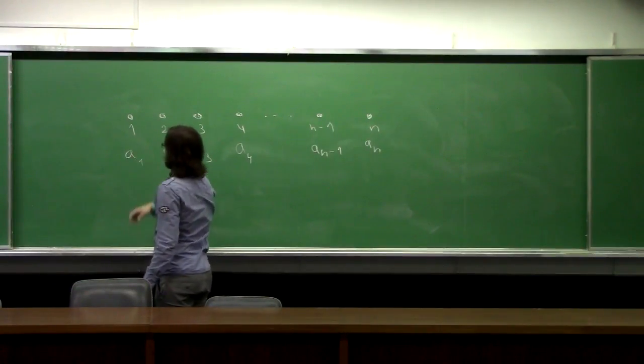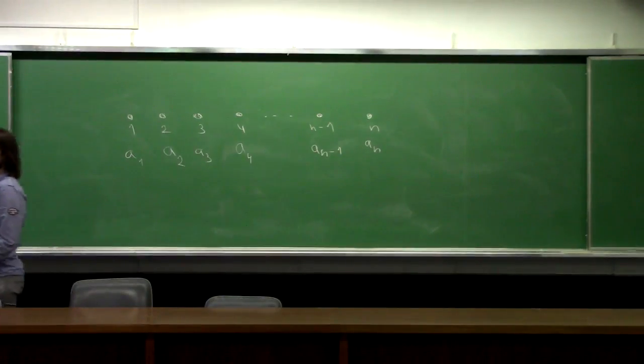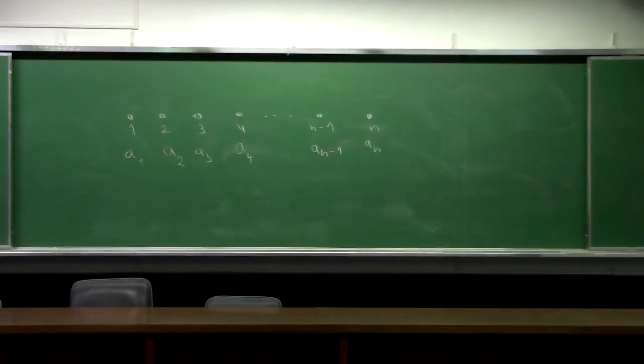The official solution is to compute some numbers sk, such that sk is the maximum possible value of ak if we know a1 through ak minus 1, ak plus 1 through an.